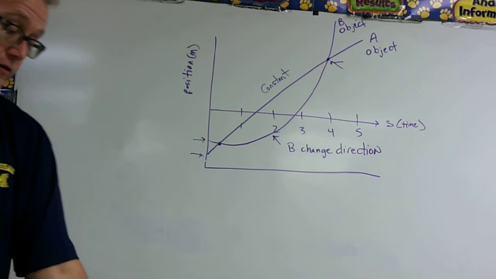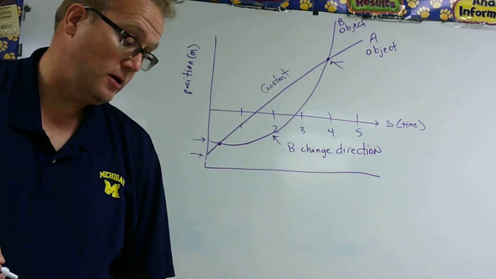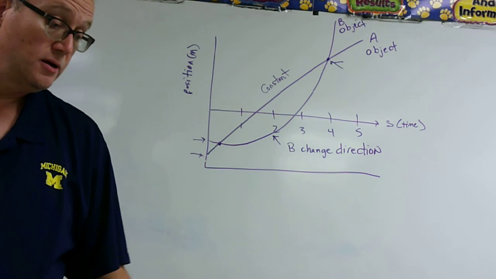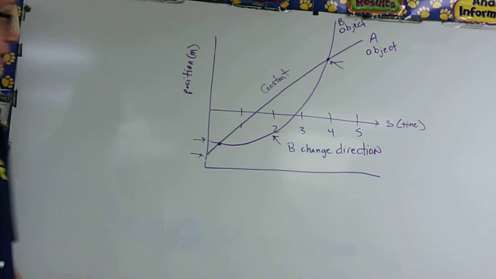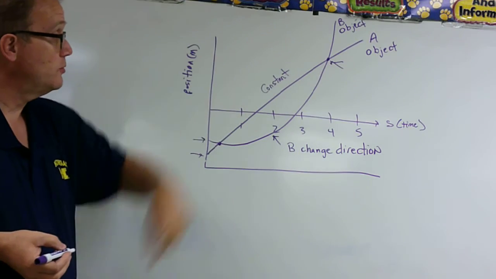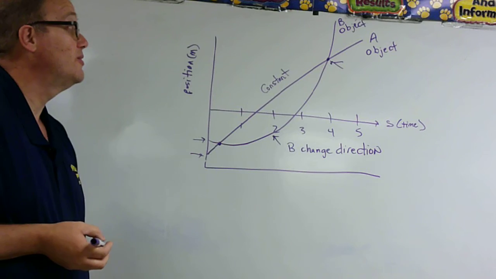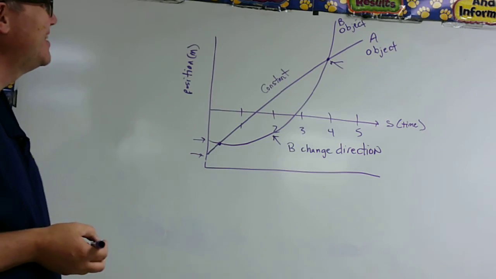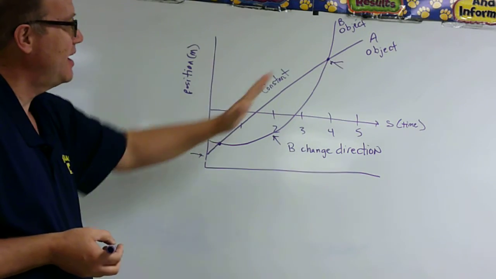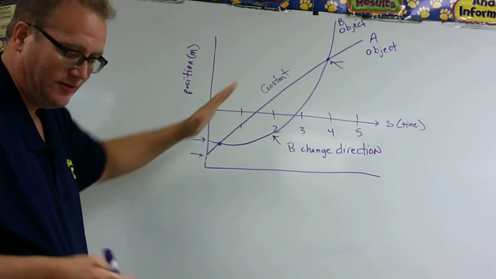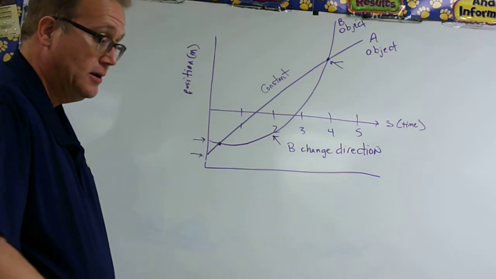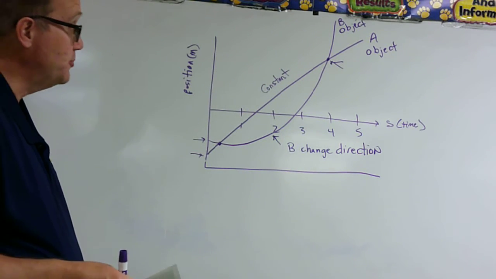Maybe B decides, well, I've got to speed up and get past A, and he'll take a shortcut. But again, B is changing direction because of the irregularities in its curve. A is a constant because it's a constant line. Again, you've got to be a little bit flexible in your thinking.